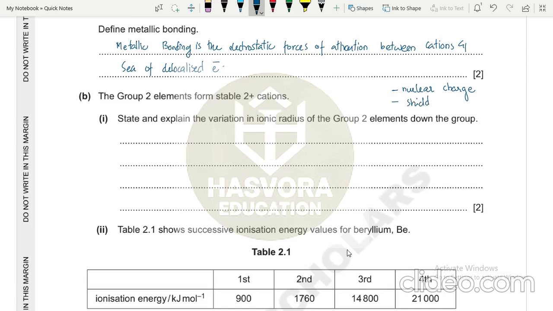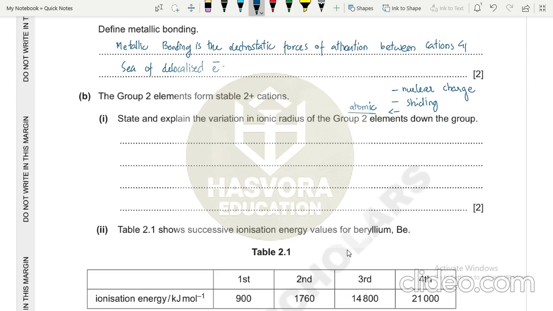Now these two points will counteract each other. The shielding will cancel out the effect of the nuclear charge. The one other thing that will be increasing is the atomic size, because there will be more electrons, so more shells will be needed. So this one point will increase the ionic radius.